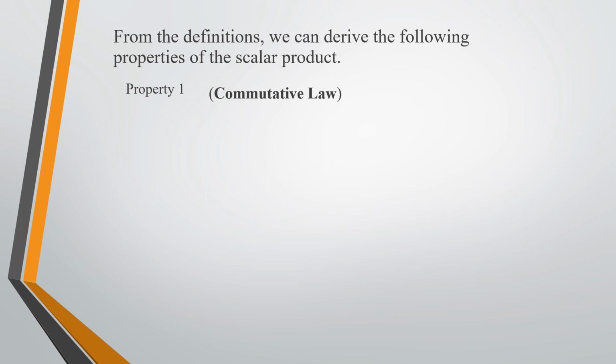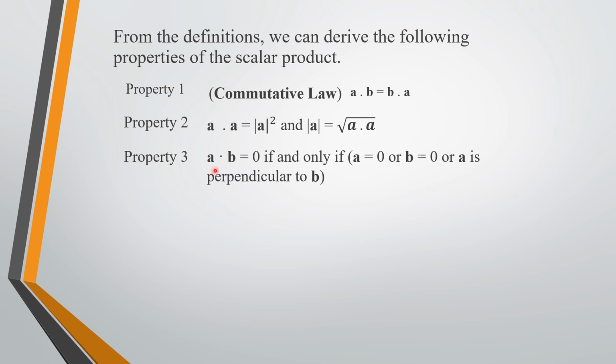Property number one, the commutative law: A · B is equal to B · A. Property 2: A · A is equal to the magnitude of A squared, and the magnitude of A is the square root of A · A. Property number 3: A · B is equal to 0 if and only if A is equal to 0, or B is equal to 0, or A is perpendicular to B. Property 4: i · i is equal to j · j, which is equal to 1, and i · j is equal to 0.